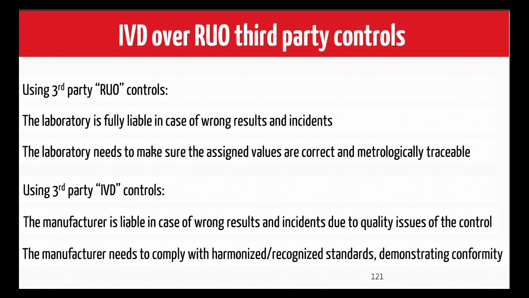For example, the metrological traceability, and that the values are assigned correctly. So then at least some of the quality control aspects or regulatory requirements are transferred to the manufacturer, and the laboratory is not solely responsible.